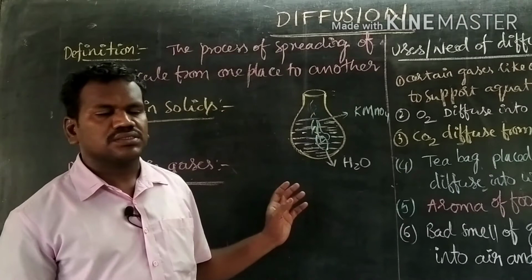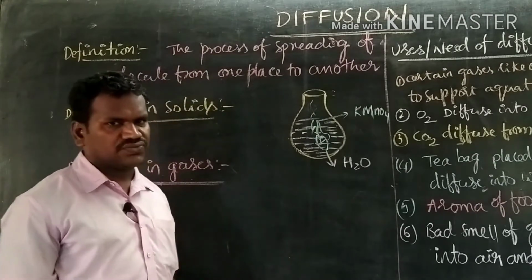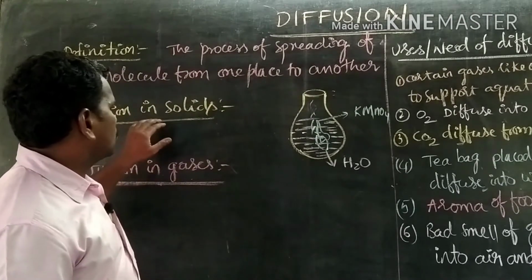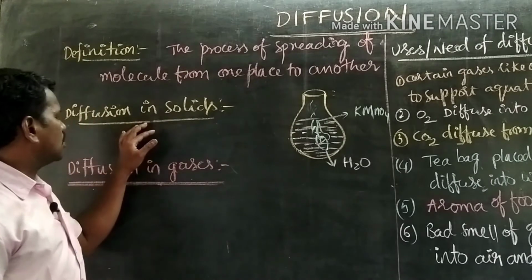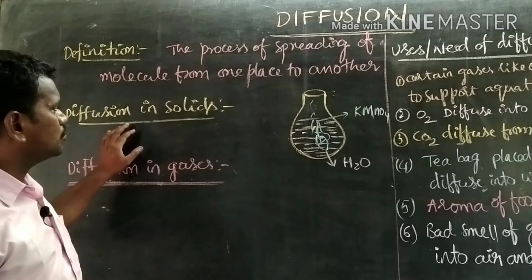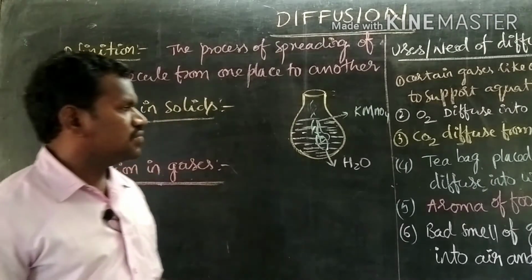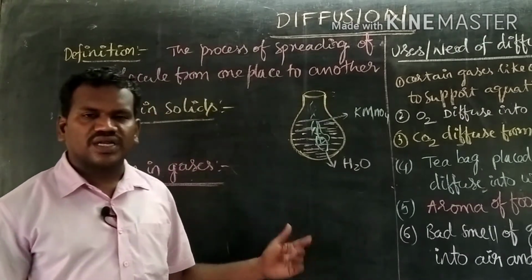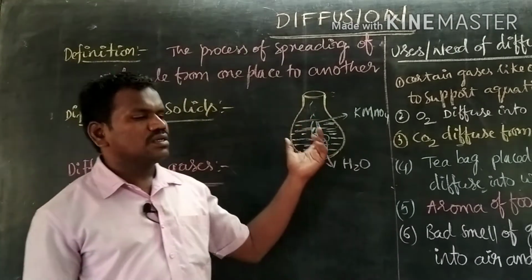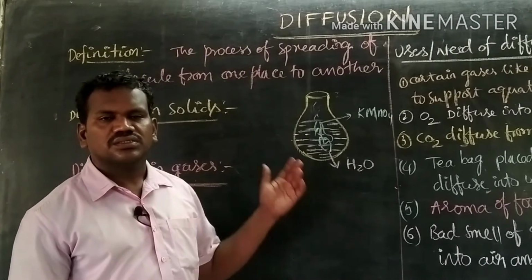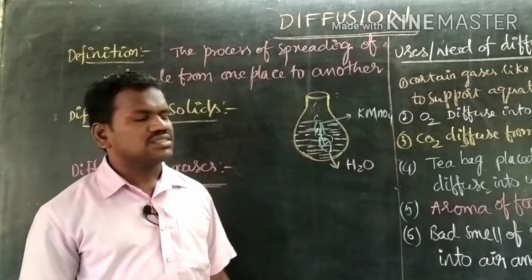For that purpose, we may have different kinds of activities. Now, we are going to study the properties of the process of diffusion in solids with an activity. For that activity, we require a round bottomed flask, water, and potassium permanganate.